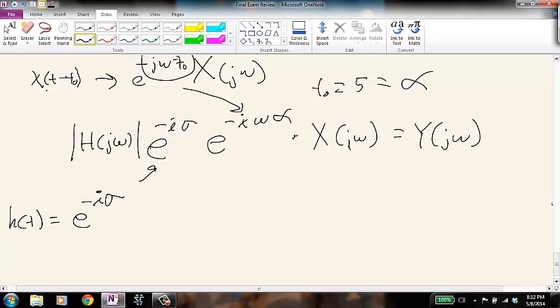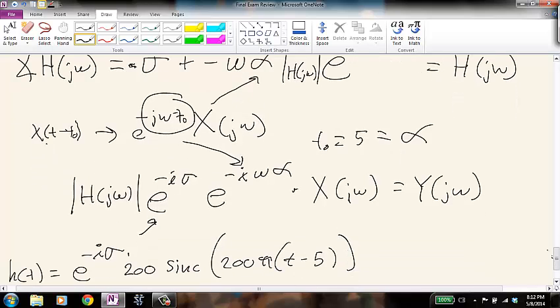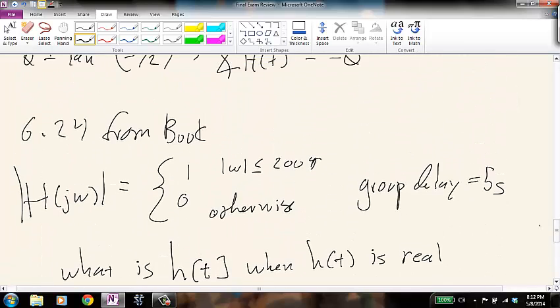So we can just put it outside the transform, and we get this. So our delay is 5. We have some constant out in front, and we have the inverse transform of our rect function.